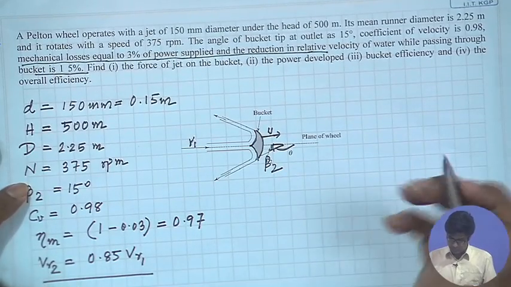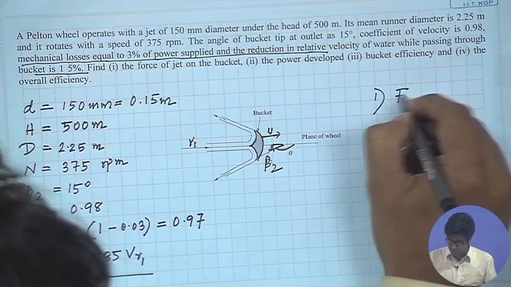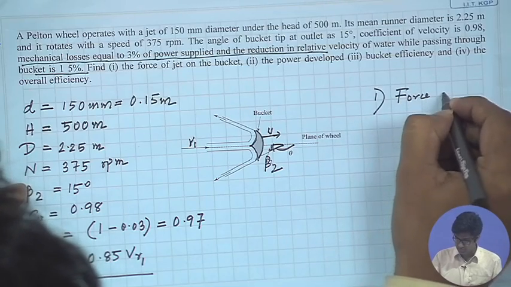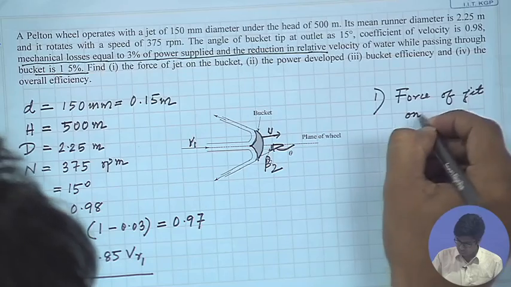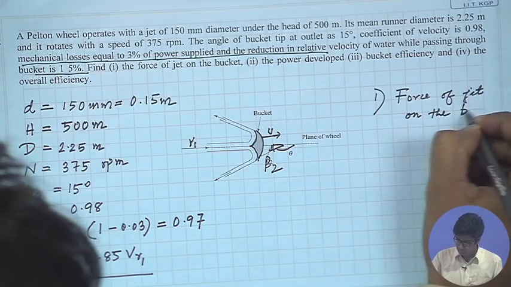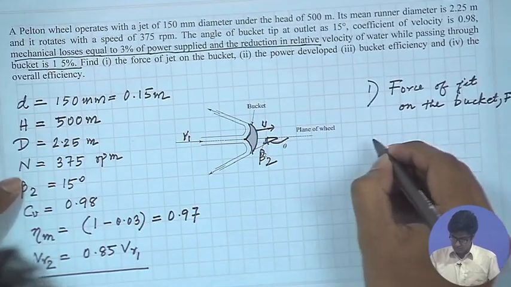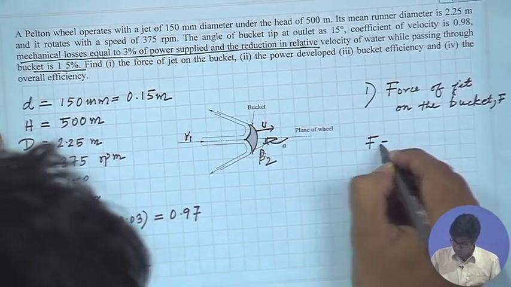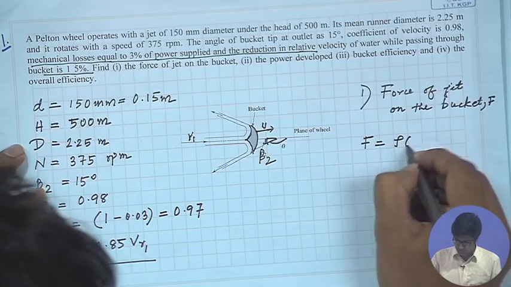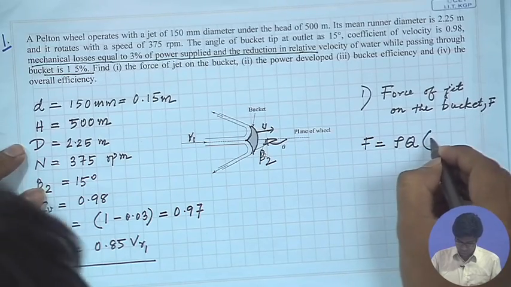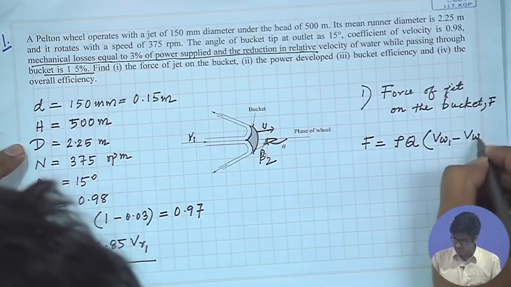So first we are going to find out what is the force of the jet on the bucket. That is F. Now we know that the force is given by the expression rho Q into the tangential velocity at the inlet minus the tangential velocity at the outlet.